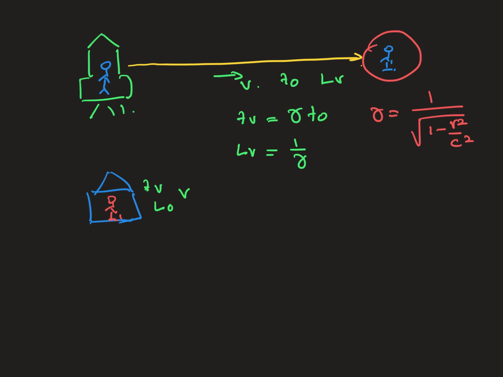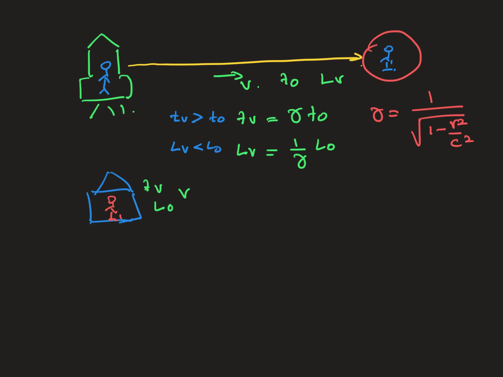Do you know why? Because LV is smaller than L0. So we can write here that LV is smaller than L0 and TV is greater than T0.